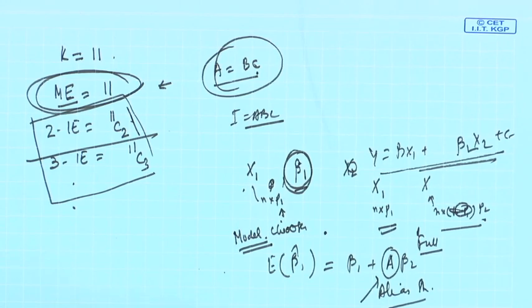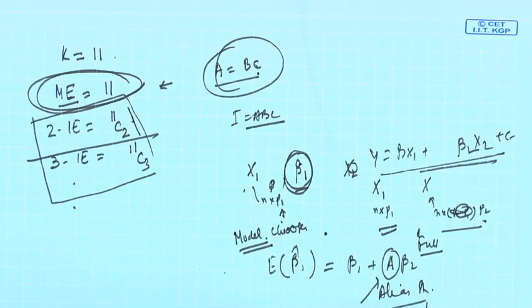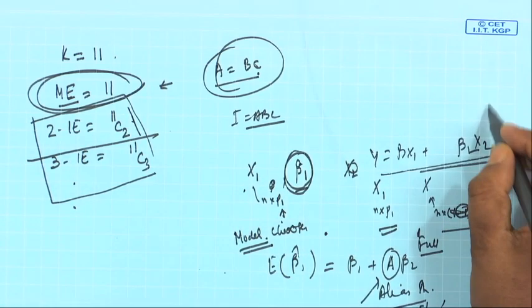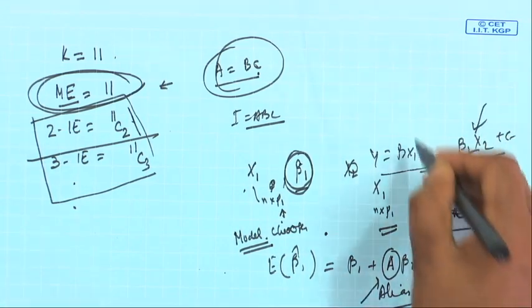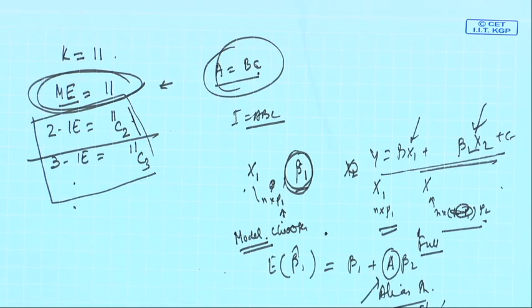This is x 1 transpose x 1 inverse x 1 transpose x 2, where x 2 and x 1 come from the design matrices that we discussed earlier, and using this we found the alias matrix.